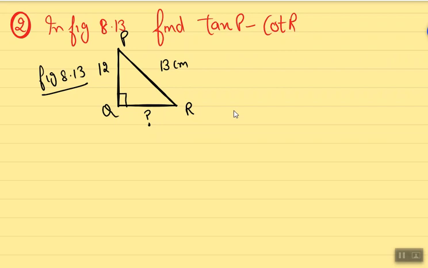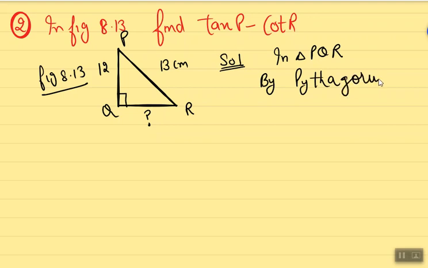We know that in a right angle triangle, when two sides are given, how to find the third side? By Pythagoras theorem in triangle PQR, PR square is equal to PQ square plus QR square, that is, hypotenuse square is equal to perpendicular square plus base square. We have done this in lower classes also.